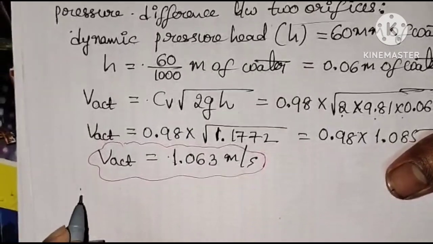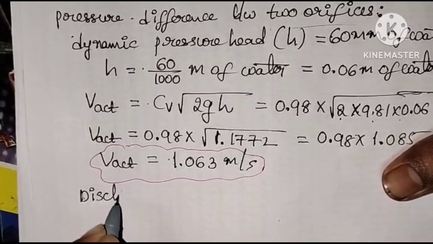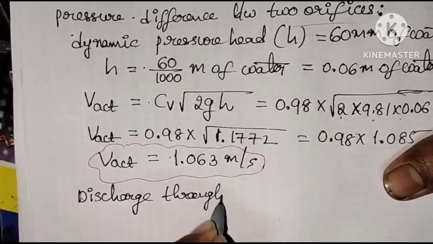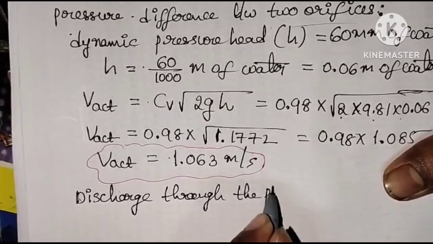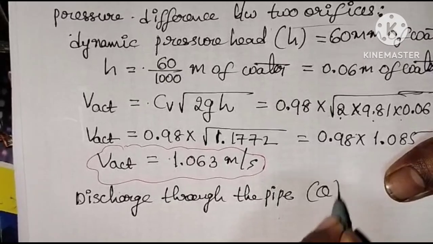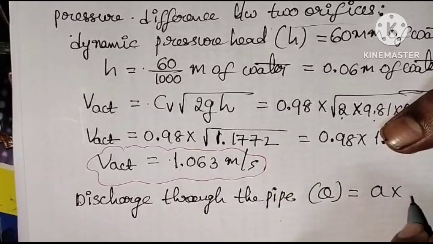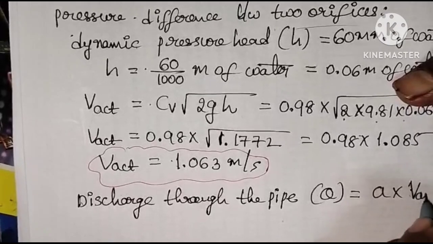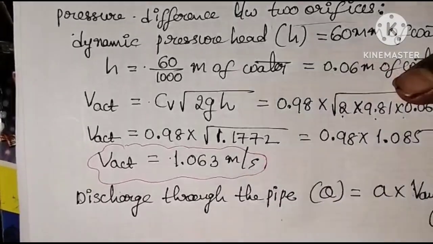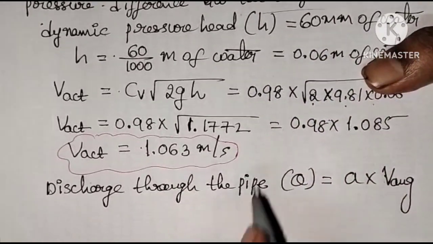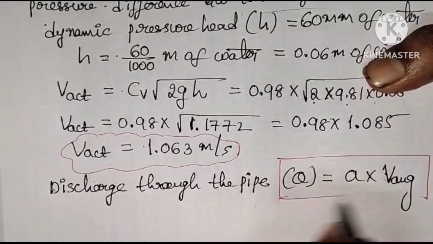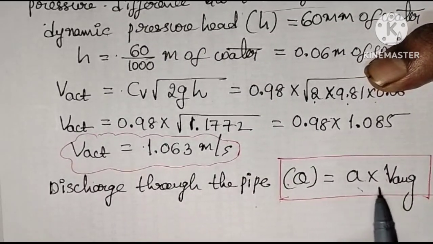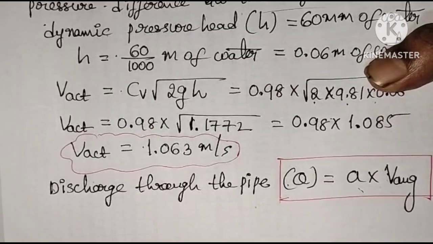The discharge formula is Q is equal to A into V average, that is, area into average velocity. So discharge is equal to the area of the pipe into the average velocity.